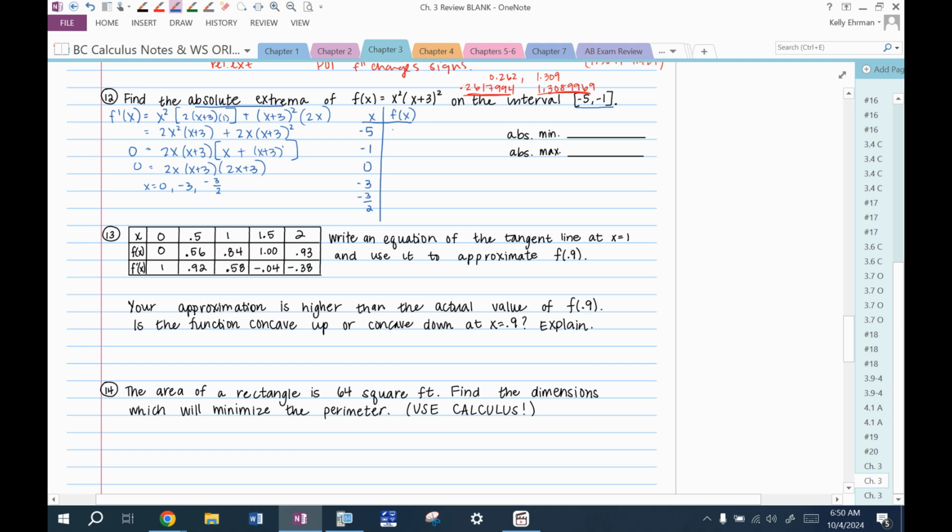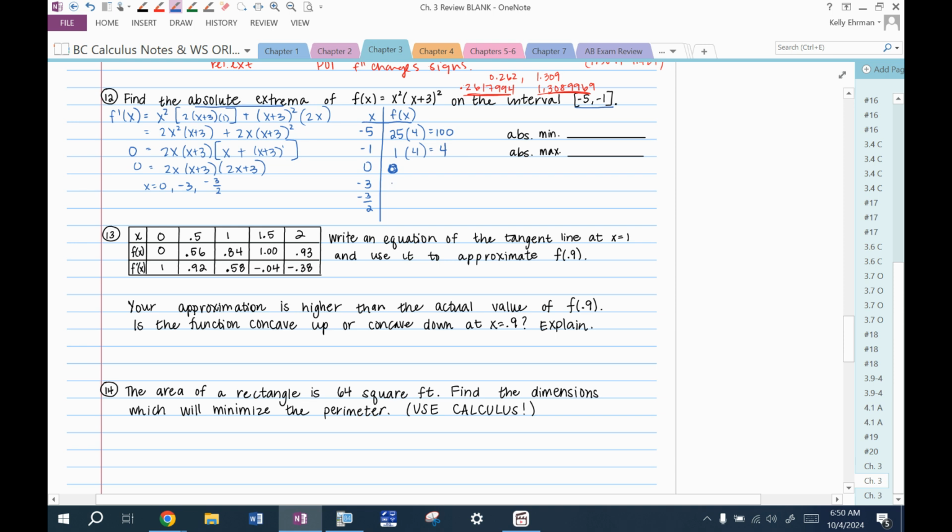So if I put in -5, I get 25 times -2 squared, so 25 times 4. If I put in -1, I get 1 times 4 squared. 1 times 2 squared, which is 4. So that's 4. If I put in 0, I get 0. 0 times 3 squared, but that's 0.